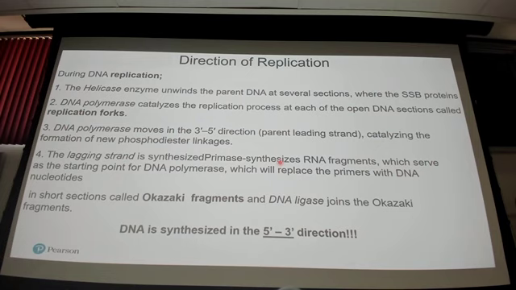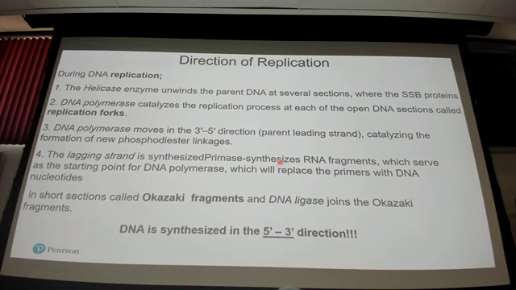What happens is the helicase enzyme separates the double helix strands, and then the single-stranded binding proteins will bind to each of those strands to prevent the strands from reconnecting. At the site where the DNA strands have separated, that's called the replication fork.